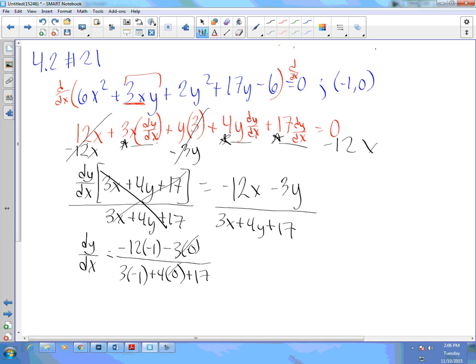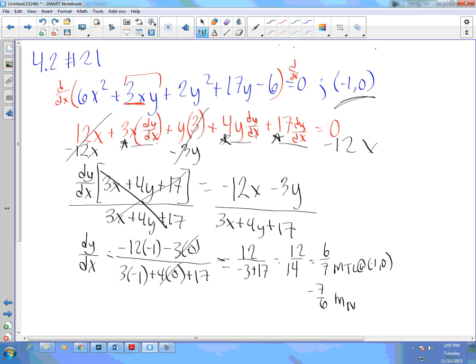So that cancels. 12 over -3 plus 17, which is 12 over 14, which is 6 over 7. This is the slope of the tangent line at (-1, 0). What's the slope of the normal? -7 over 6. Does that get you far enough that you can now write your equation using this?